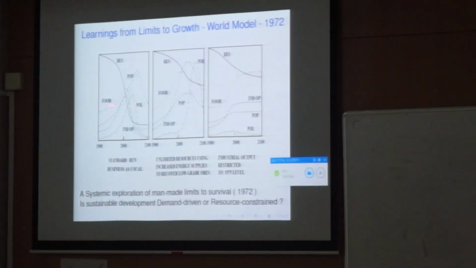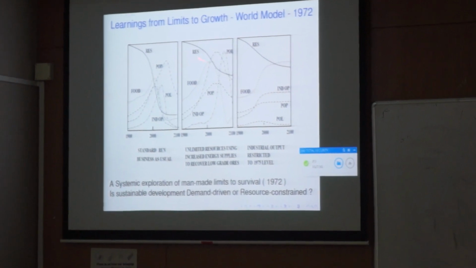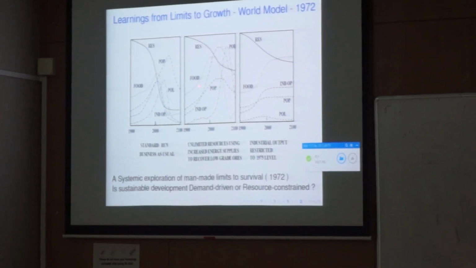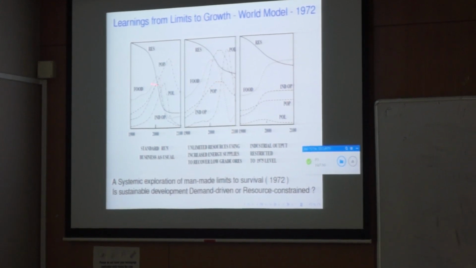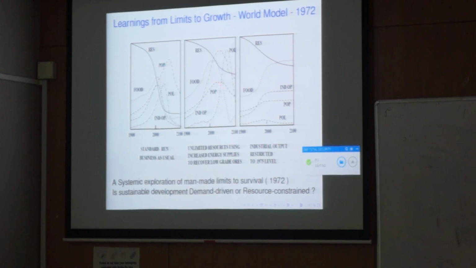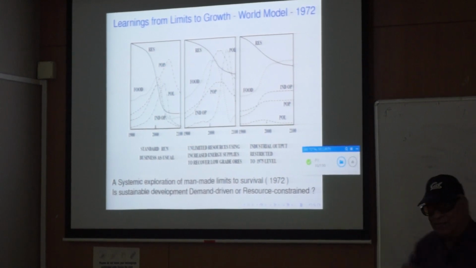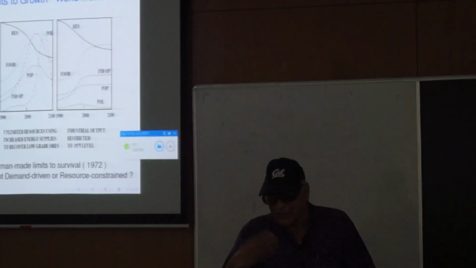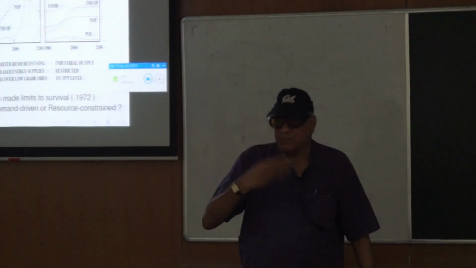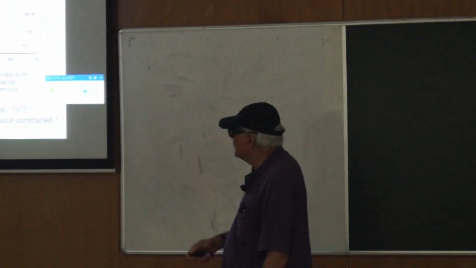Food per capita will rise. Population will rise also. Population will stabilize much more because we all know higher standard of living means fewer people, and that's the general rule.